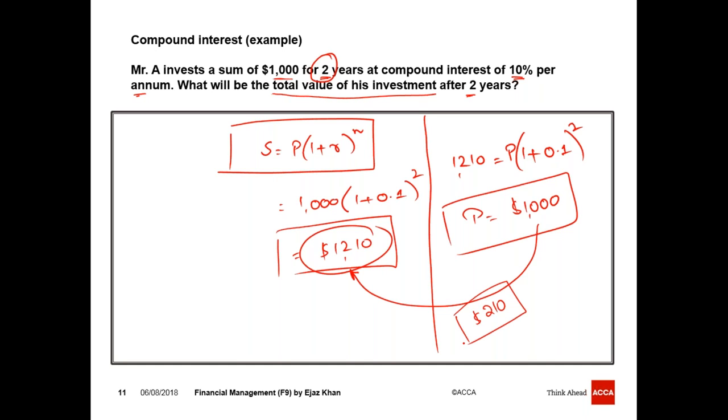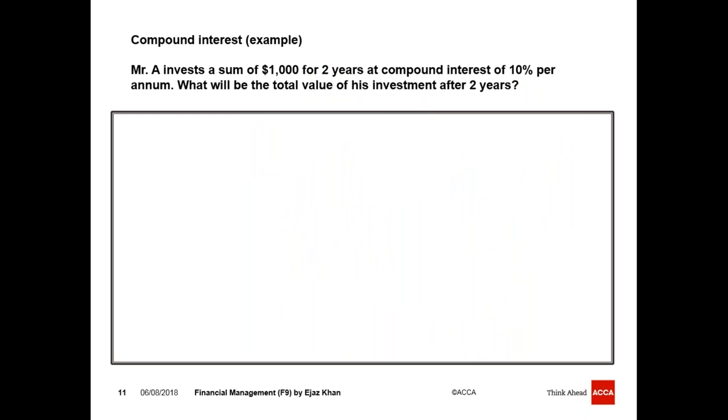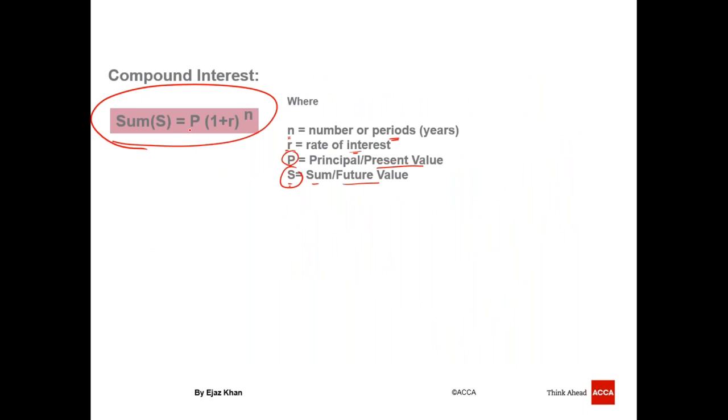So from now onwards, I expect all of you to know the difference between P and S. The present value means we have offloaded the interest, and the future value means we are including the amount of interest. So we can just rearrange this formula for calculating P directly.